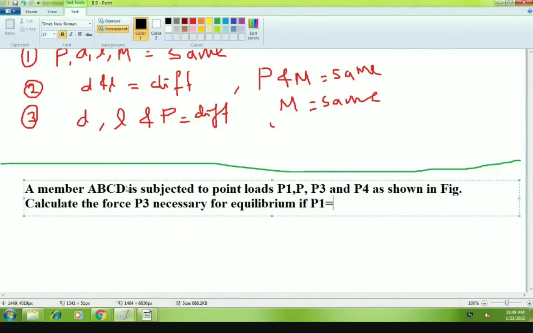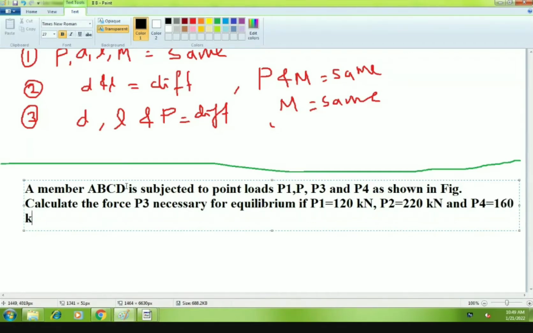P1 equal to 120 kilonewton, P2 equal to 220 kilonewton and P4 equal to 160 kilonewton.